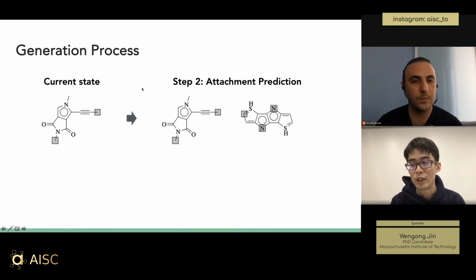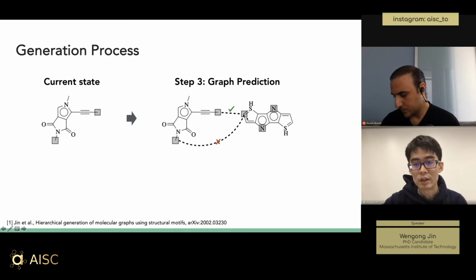This brings us to the second prediction, which I call attachment prediction. It will try to predict what are the attaching points in this new motif. And then as a final step, I will predict how these attaching points should be connected to the attaching points in the current graph. This is also a classification task.